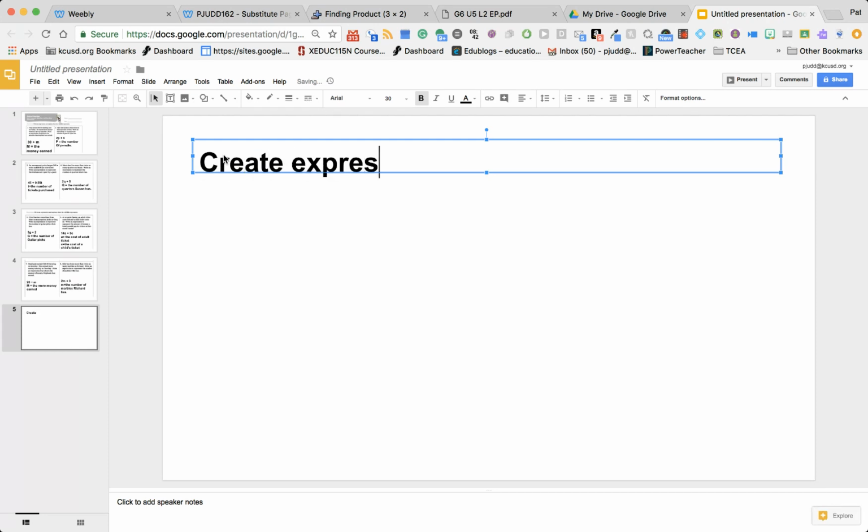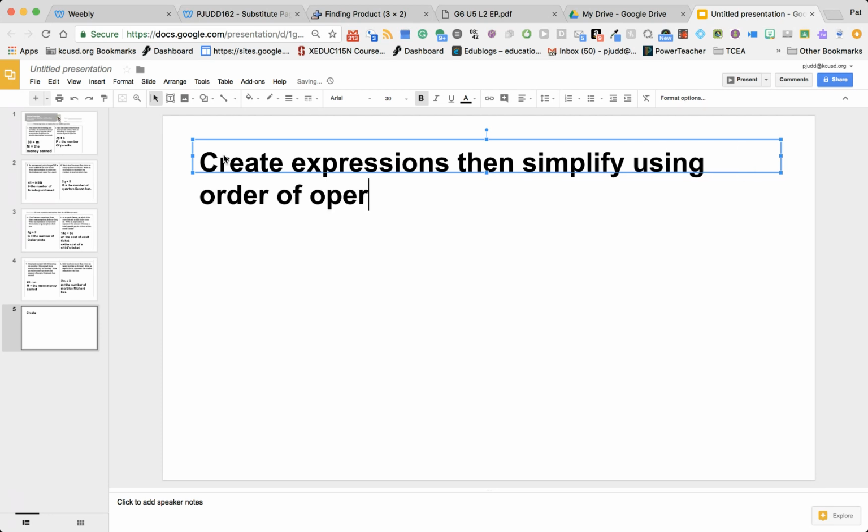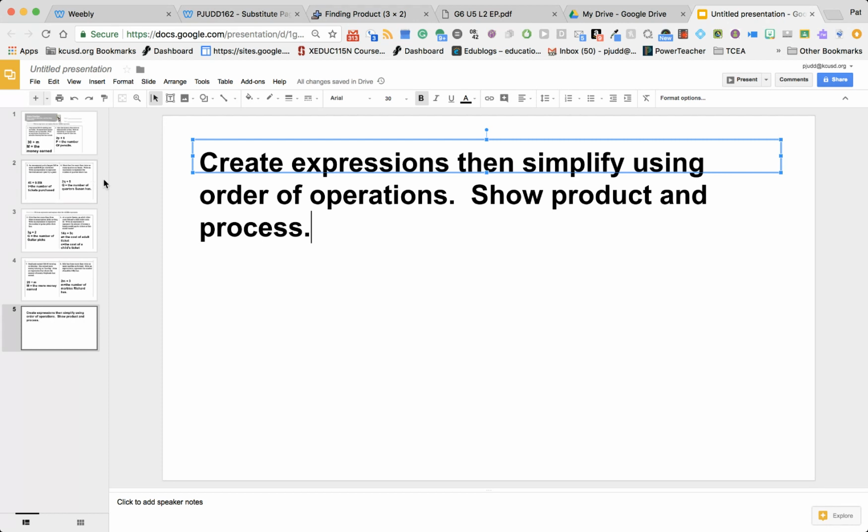Create expressions, then simplify using order of operations, show product and process. Okay, and you're going to continue writing expressions and simplifying until the end of the period.